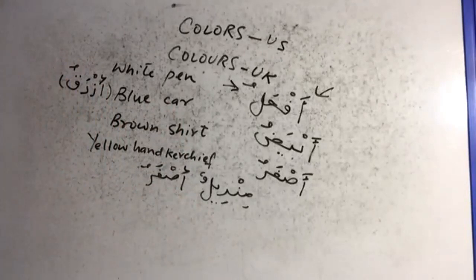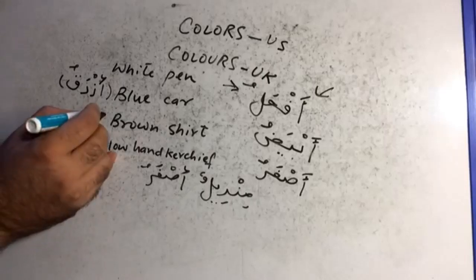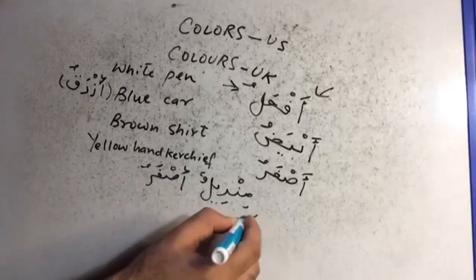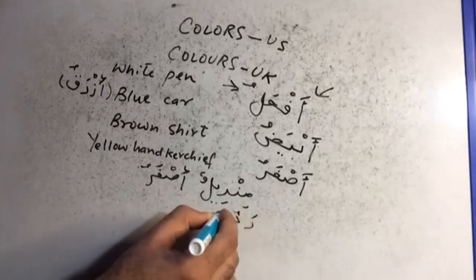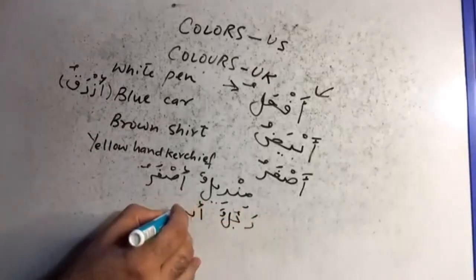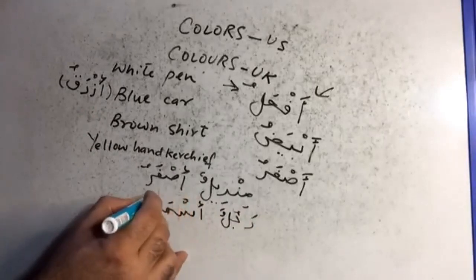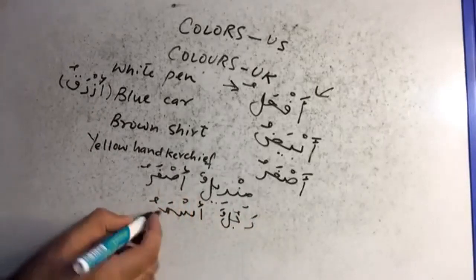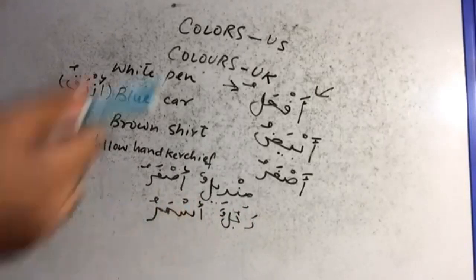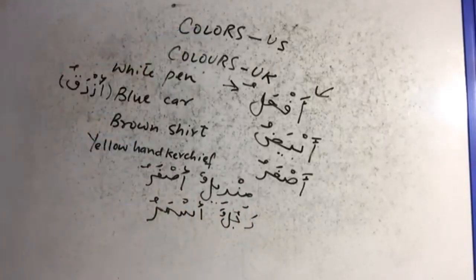Make sure you're practicing it. So if I have to say a brown man, I'll say rajulun asmaru. Brown man. I'll write it here. Rajulun asmaru. This is a ra, not dal. See, all of these follow a pattern. Abyadu, asfaru, asmaru, azraku. And this is the pattern of af'alu.